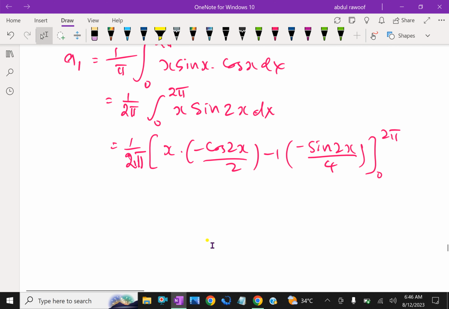We are applying the limits 0 to 2 pi, and we get a1 equal to minus half.